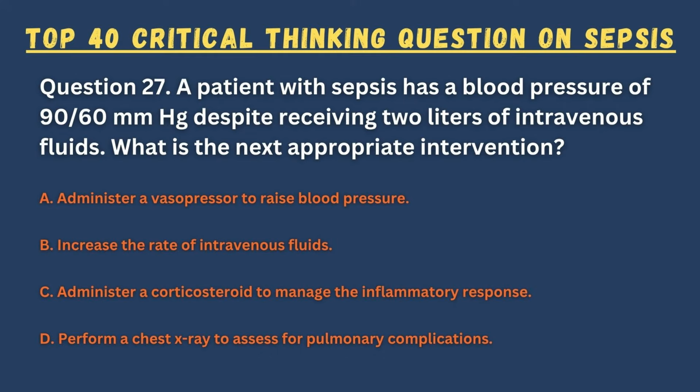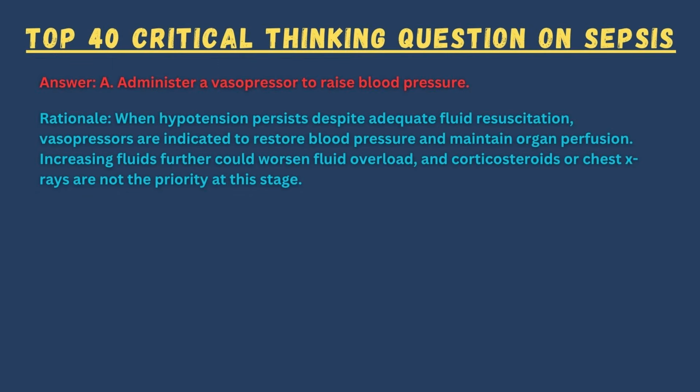D. Perform a chest X-ray to assess for pulmonary complications. Answer: A. Administer a vasopressor to raise blood pressure. Rationale: when hypotension persists despite adequate fluid resuscitation, vasopressors are indicated to restore blood pressure and maintain organ perfusion. Increasing fluids further could worsen fluid overload, and corticosteroids or chest X-rays are not the priority at this stage.